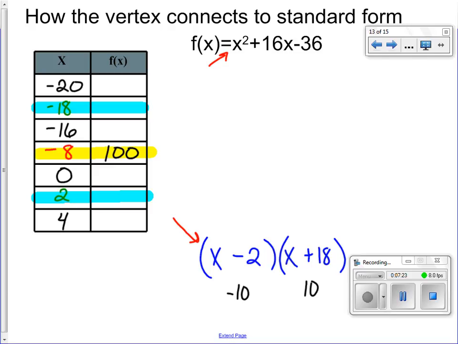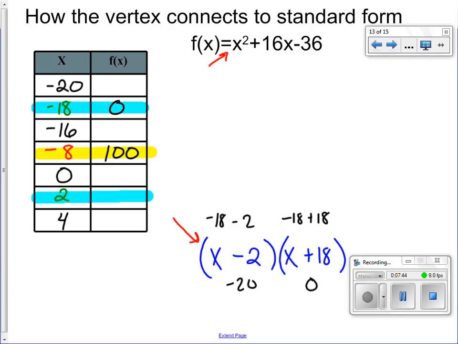Alright? So from there, let's go ahead and plug in from our x-intercepts. So if I do negative 18 minus 2, well, that's going to be negative 20. But if I do negative 18 plus 18, that's going to be 0. And it should, because that's an x-intercept.